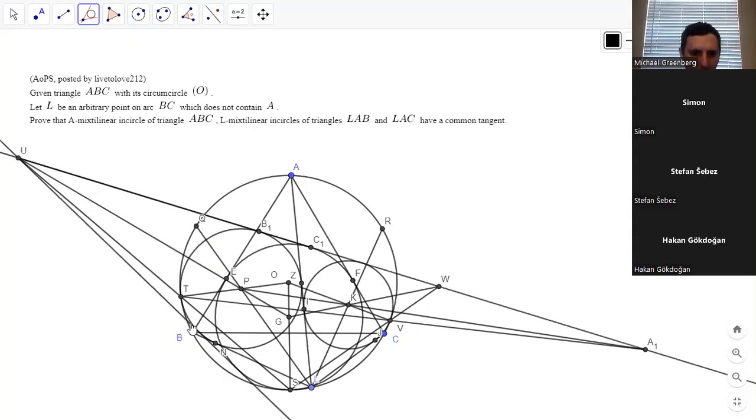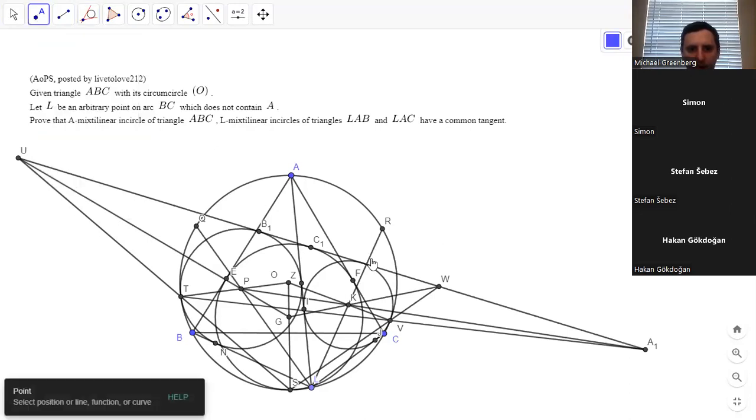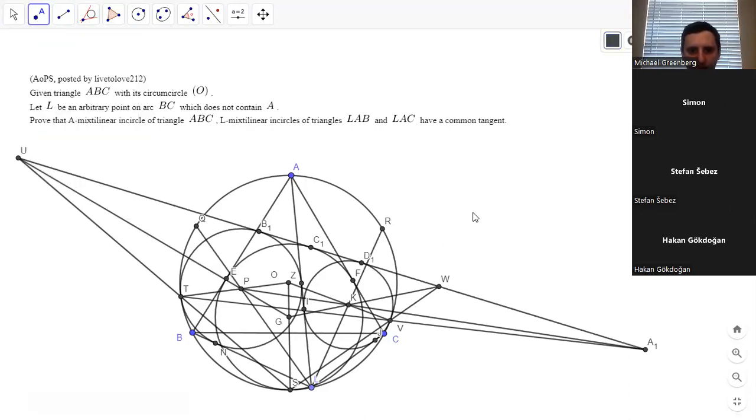Maybe drawing these other tangency points might help. So yeah, even though we don't know for sure that the tangency points exist, let's just draw them in. Maybe we could find out something useful about them.